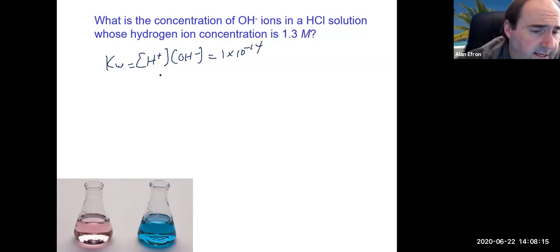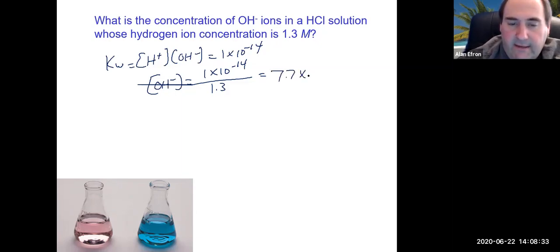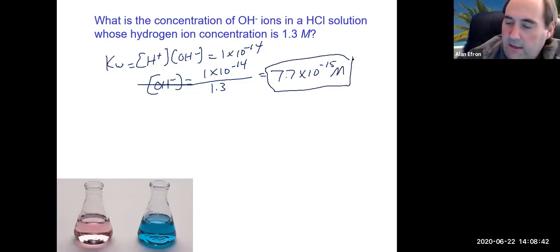In this case, we're given the H plus, so we're looking for the OH minus, and that would be 1 times 10 to the minus 14 divided by our 1.3, and that will get us 7.7 times 10 to the minus 15. And this would be molar, as we are looking for a concentration here. Any questions on that calculation there?